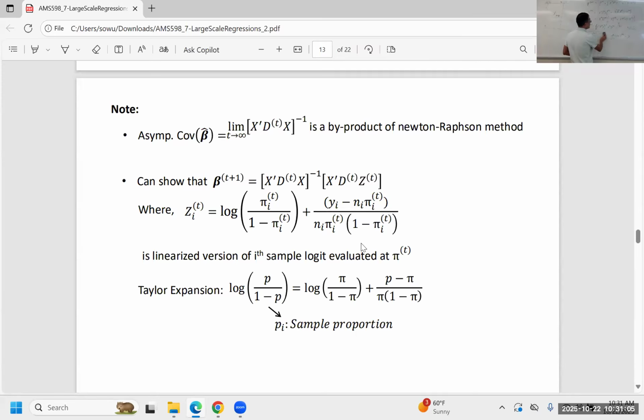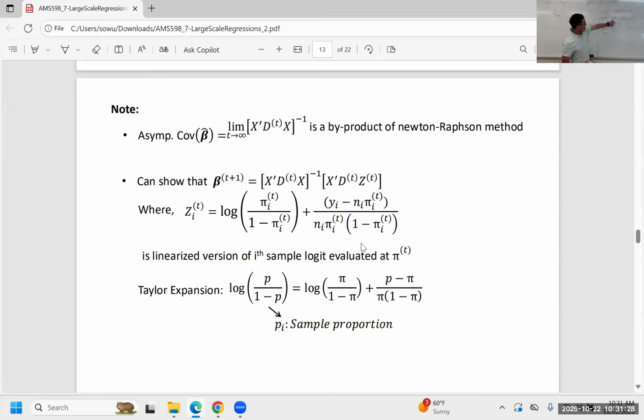Here there's actually more. So the zit, the zt, remember? Each element of the zt, what does it look like?